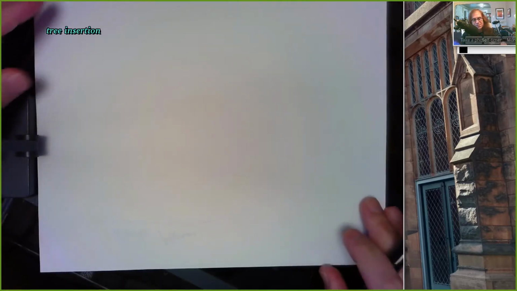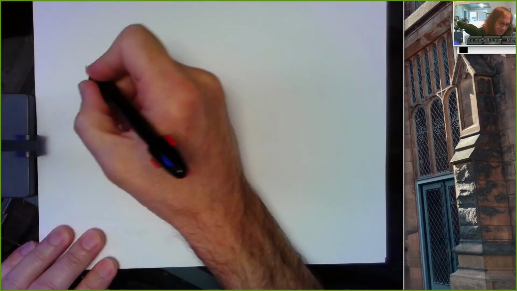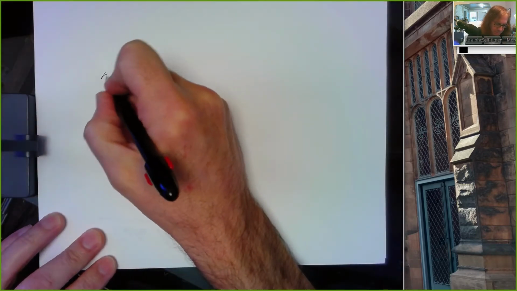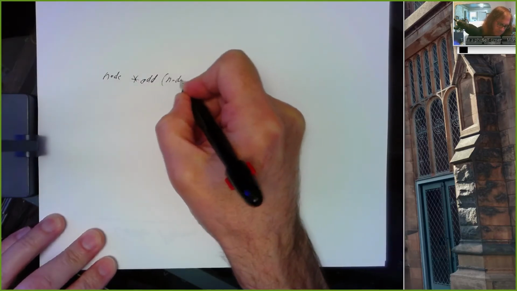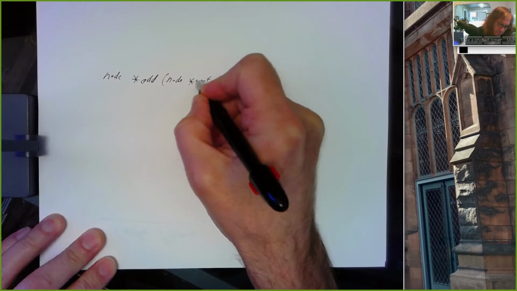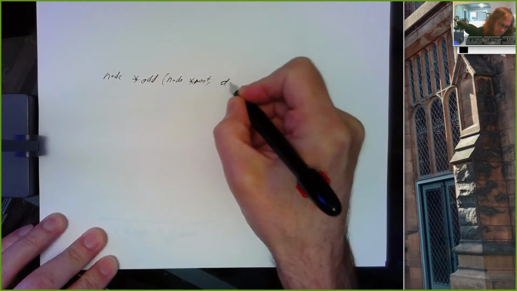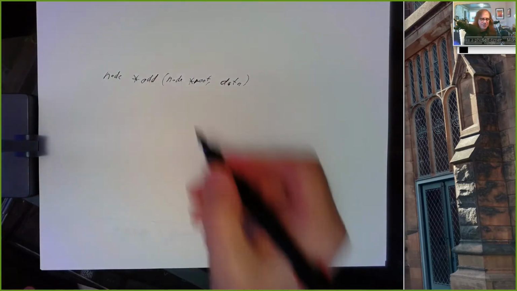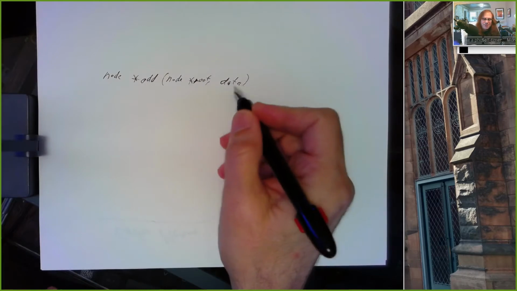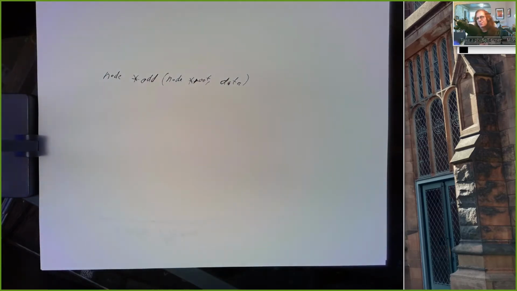So, let's see. Remember, with tree insertion, we want to do this recursively, right? So we've got an add function that's going to take a root node, which is a pointer to a node, and some kind of data, which for PA4 will be license plate, first name and last name.